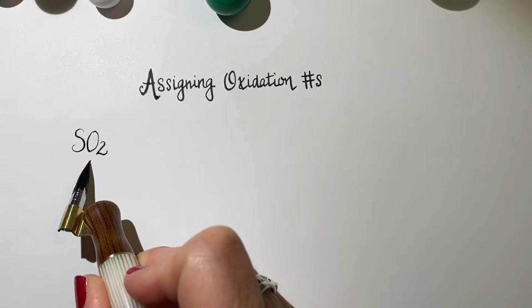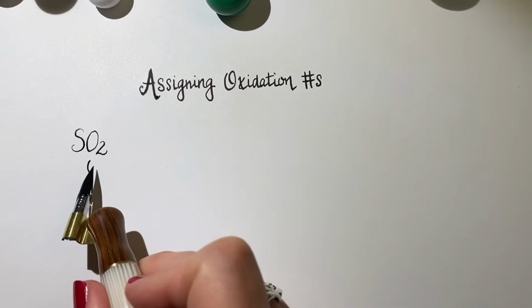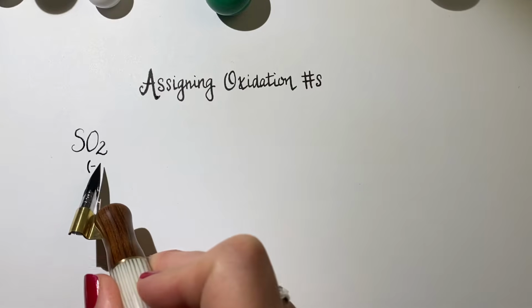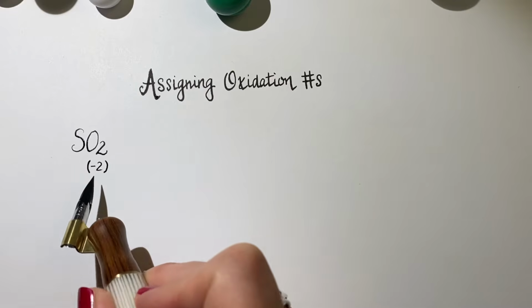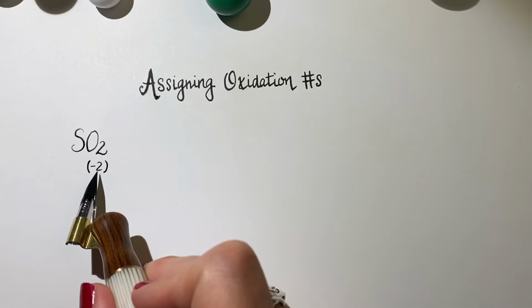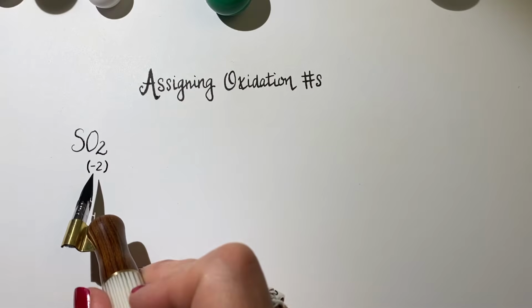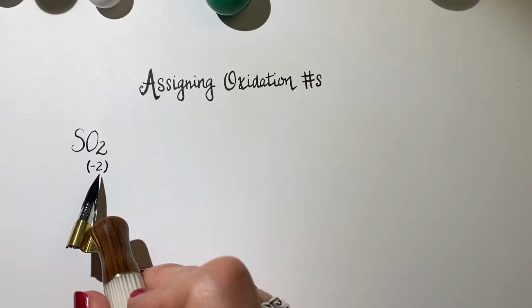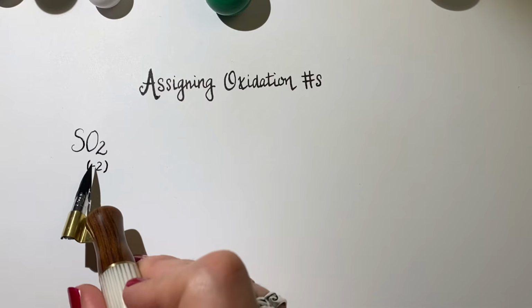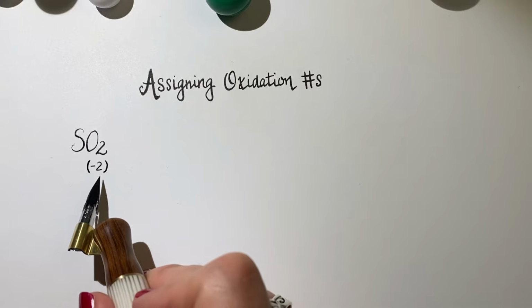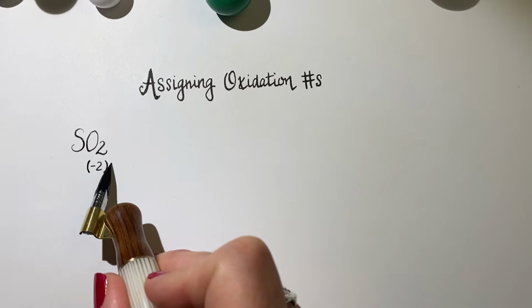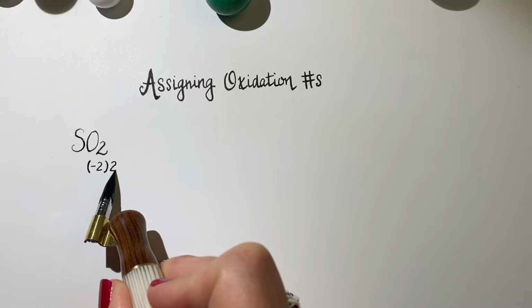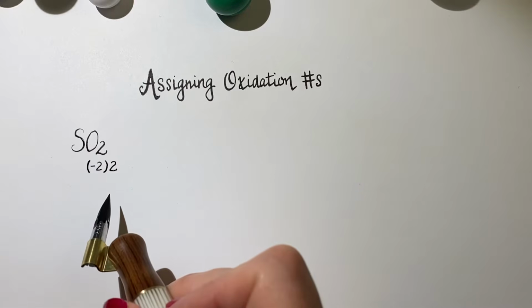So the way I do this is I set up a little equation below or on top of the formula where I put the known oxidation number for whichever element that is, in this case, oxygen. As I said before, almost always -2. And then we have to multiply that by however many there are. In this case, there's 2 oxygens.